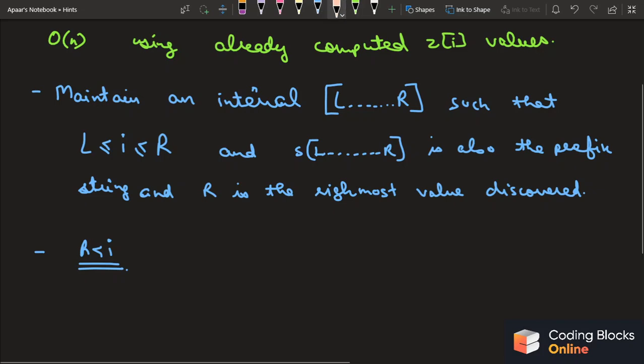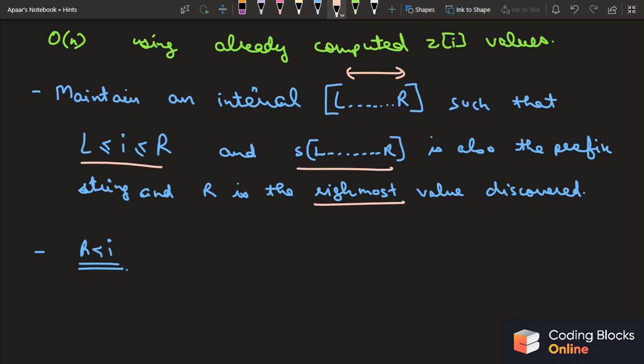See guys, there's one thing in this algorithm, that first of all we'll assume that we are maintaining an interval such that these conditions are holding, right, that interval is fulfilling these conditions. Okay, first of all we'll assume this, and after assuming this we'll build our algorithm, right. And in each step in the algorithm we'll try that this interval L to R fulfills this condition for the future indices, right.